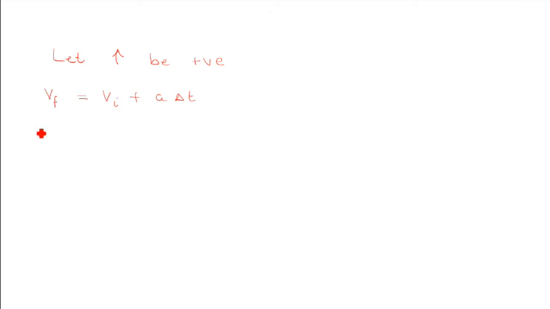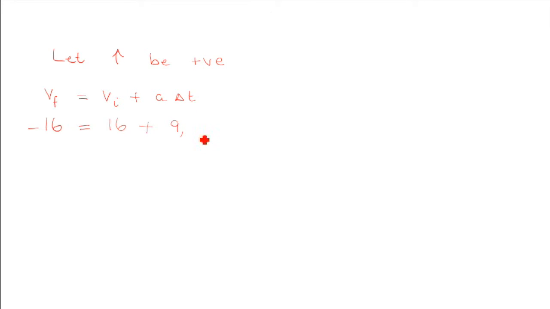Substitution. That's where we have a problem sometimes. Look at what I'm doing. Minus 16 is equal to 16 plus, remember this a, because you're talking about vertical motion, it will be substituted by the g when we put the values.